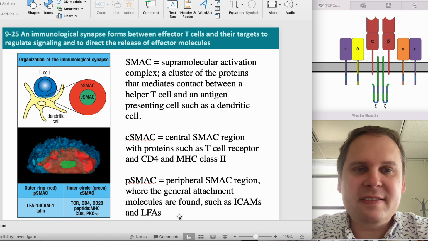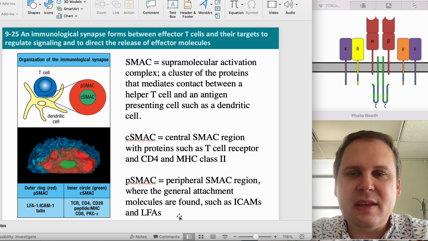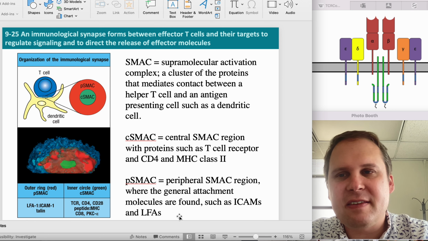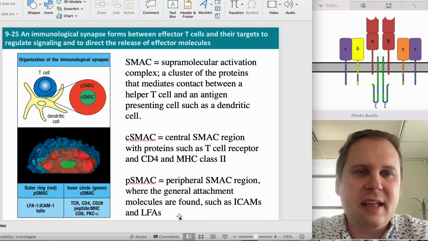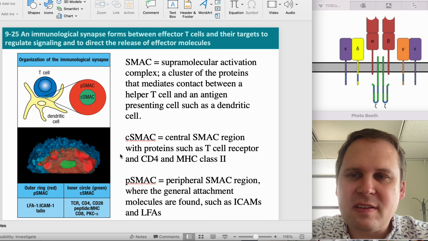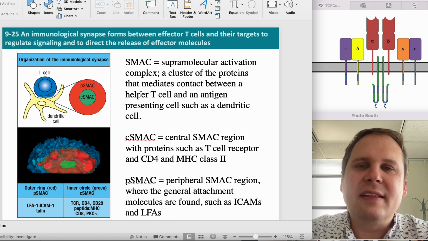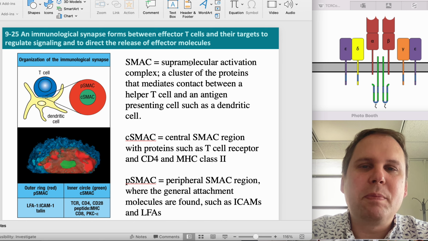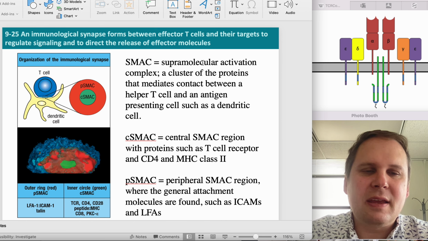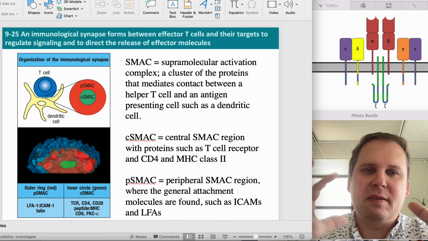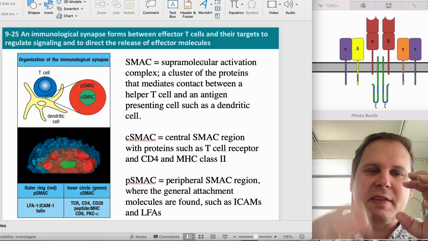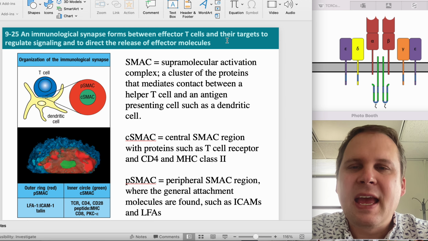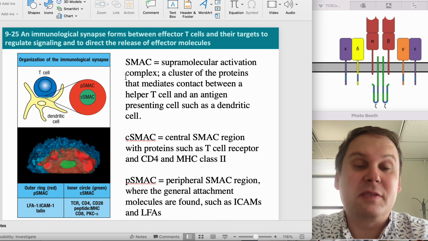Okay. What is this point of contact between the killer T cell and the antigen presenting cell? We've shown it as a dendritic cell here. It's actually called a SMAC, supramolecular activation complex, meaning involving how molecules, in this case proteins, fit together. So it's giant.